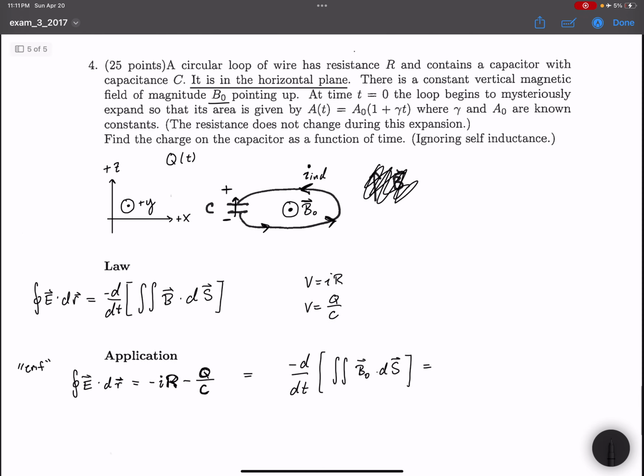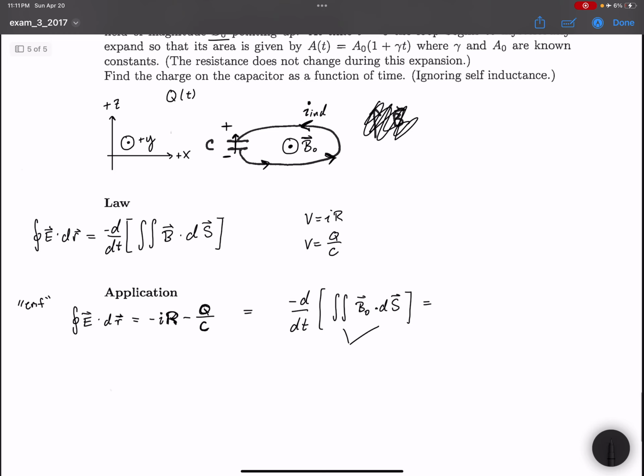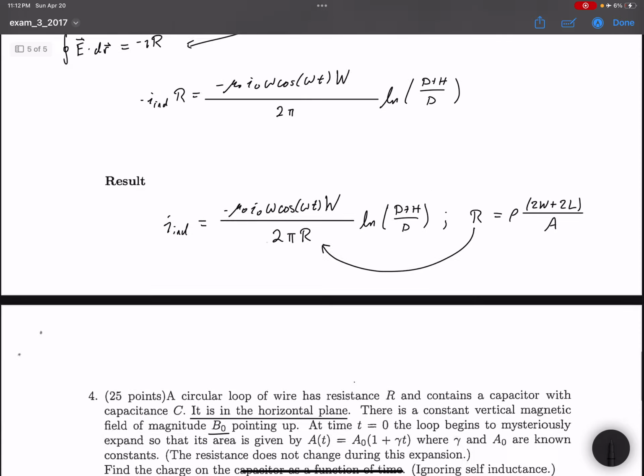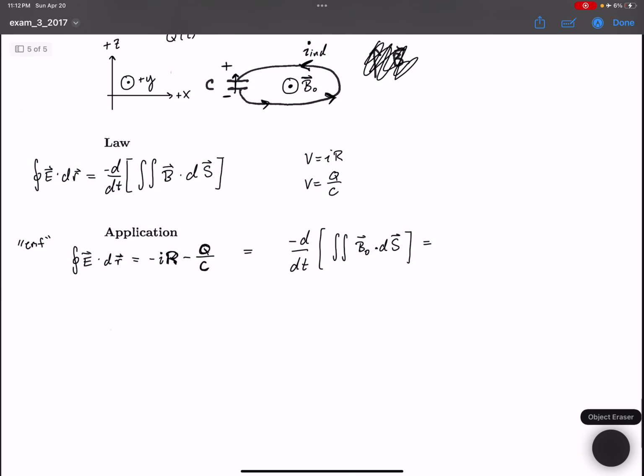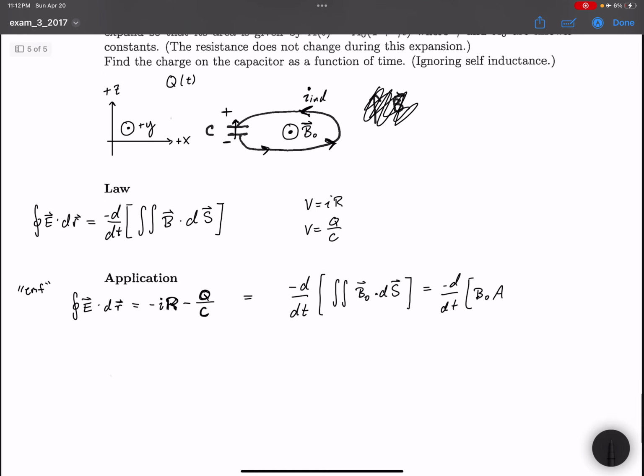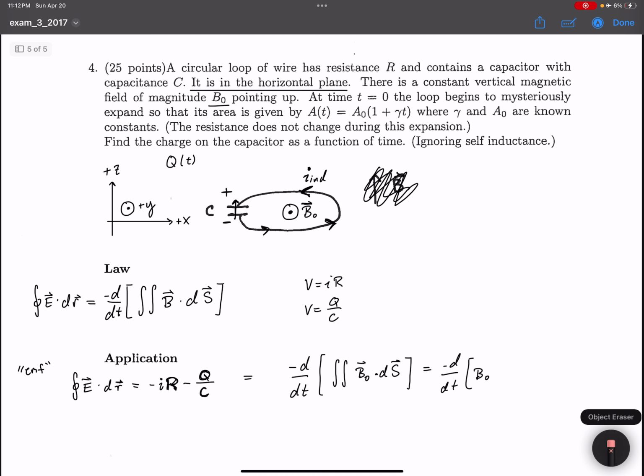Well, okay, so we're given an area that changes with respect to time. And since this double integral B dot dS is supposed to symbolize an area like we did in this problem with the loop, we can just say that we have the negative time derivative of B naught times the area, which we know is A naught times (1 plus gamma t).